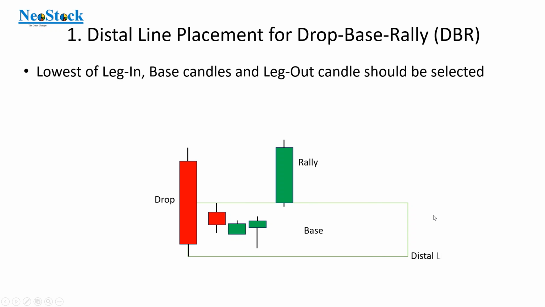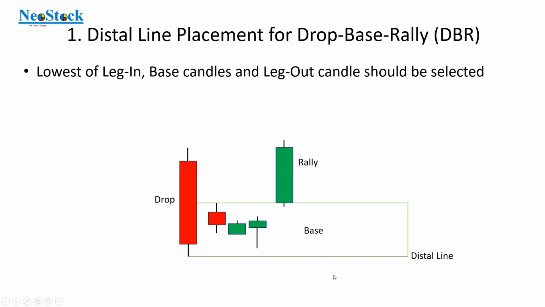Have you noticed the difference between this one and the earlier one? Earlier, the base candle had the lowest. But now all of a sudden the rule has changed, because the drop has the lowest. That's why your distal line is the lowest among leg in, base and leg out.